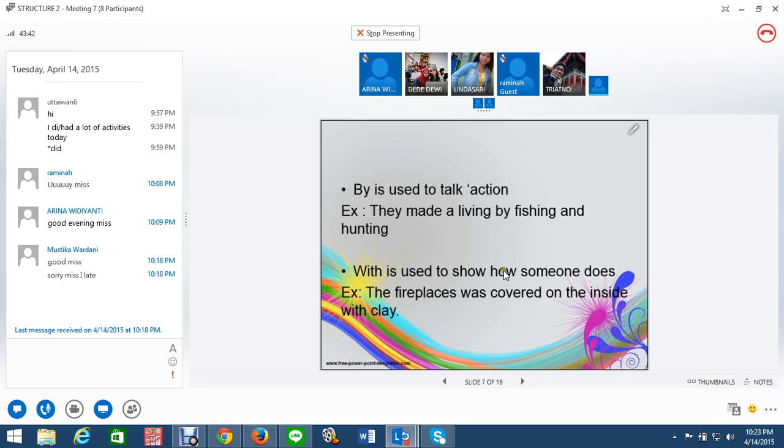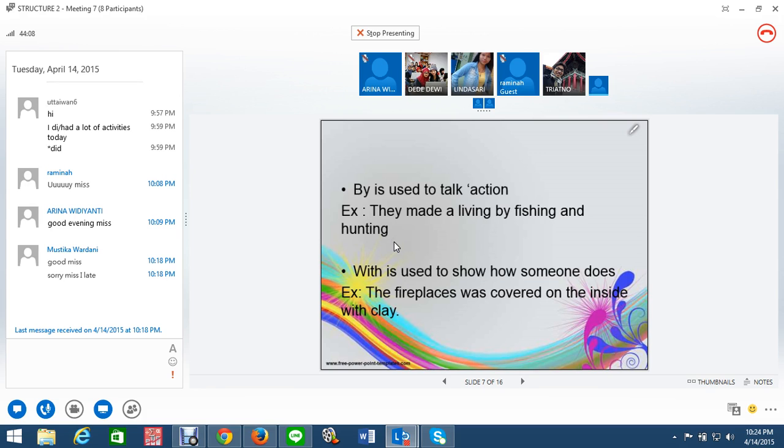Okay, next, by is used to talk about action. The method of living by fishing and hunting. Action. Okay, jadi by digunakan untuk mengungkapkan atau membicarakan tentang action. Okay, the method of living by fishing and hunting.